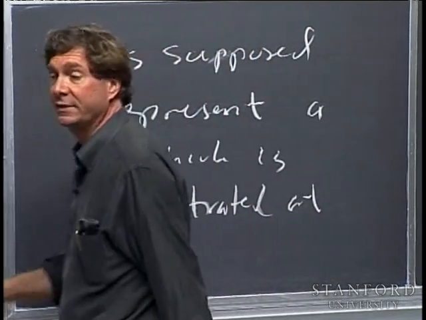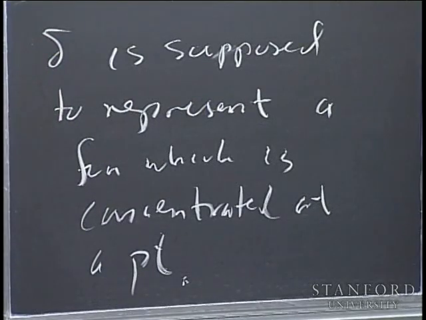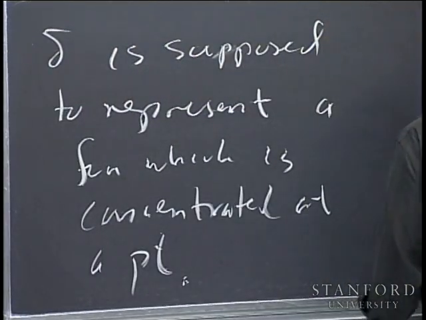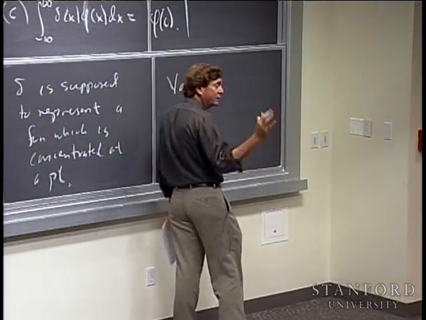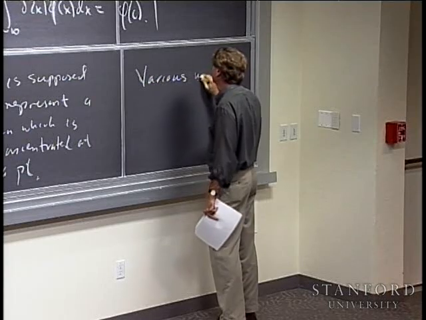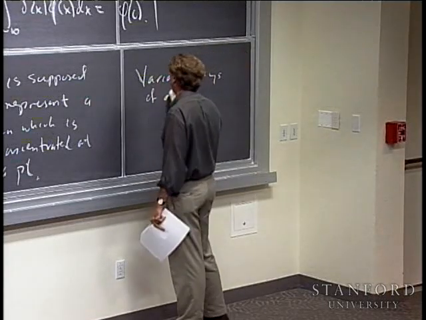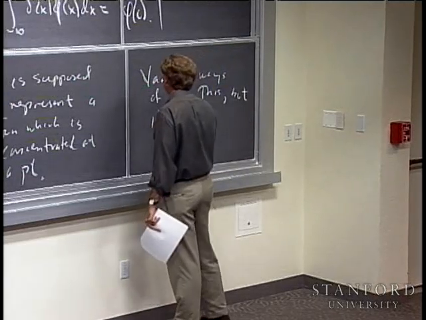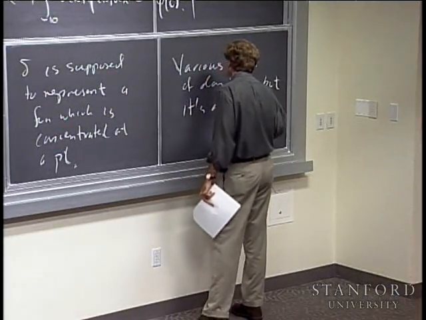All right, and this was probably even said to you when you first learned about delta. And there are various ways of approaching this. And you may have seen some of these. I'll give you a sample calculation or an example of this. So various ways of doing this, but it always involves a limiting process. It's always via a limiting process.